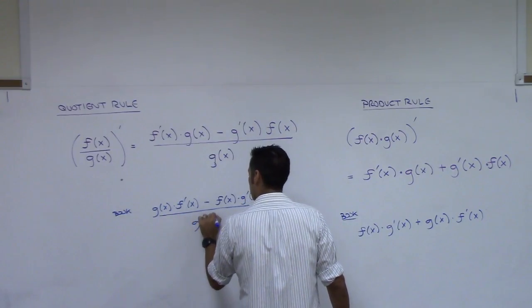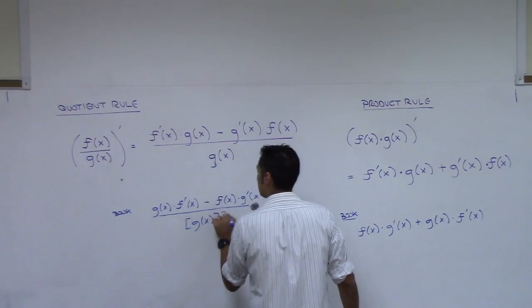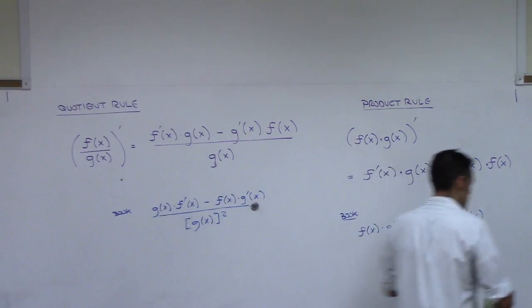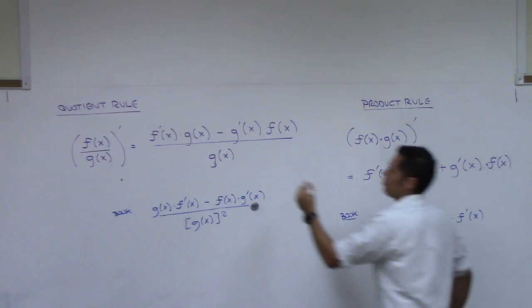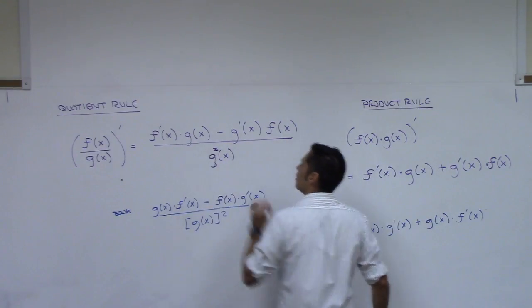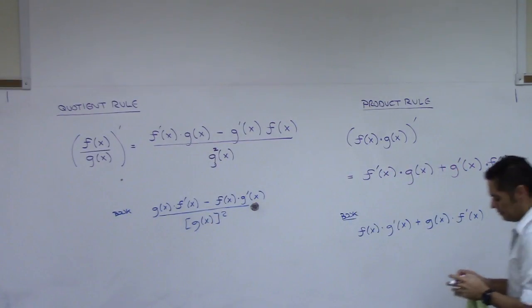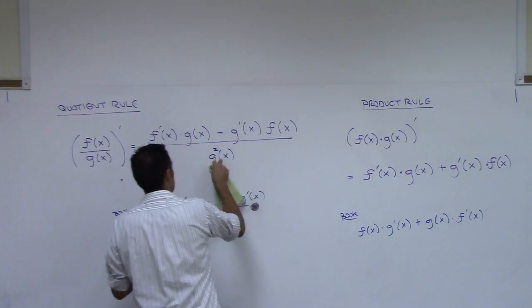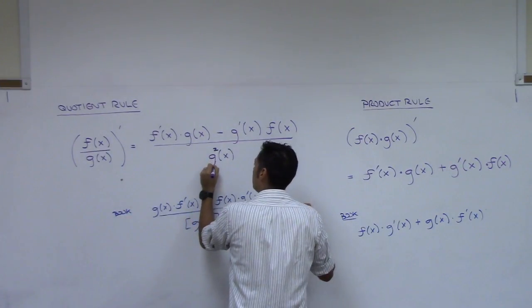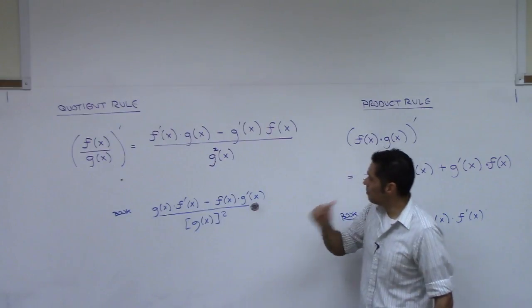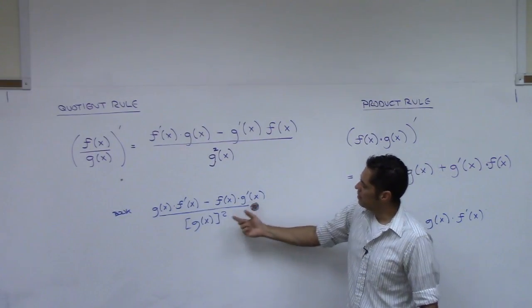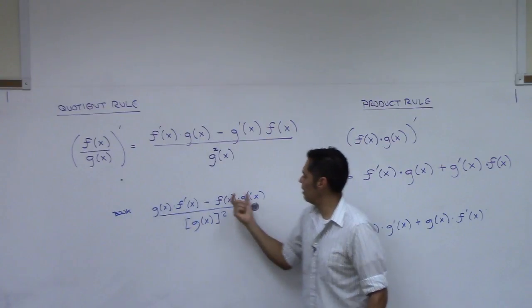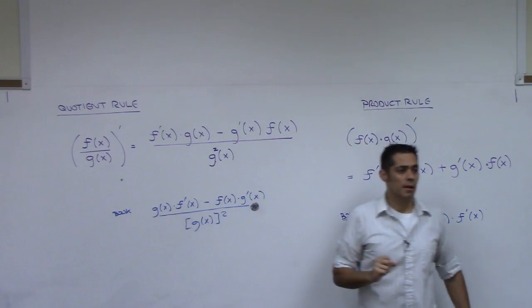G of x quantity, I forgot the squared on this, sorry. Squared on that g of x on the purple one. So let me explain why I'm showing this to you. Let's confirm that these are the same formulas. Are these two the same? The only difference is flip those over, right?